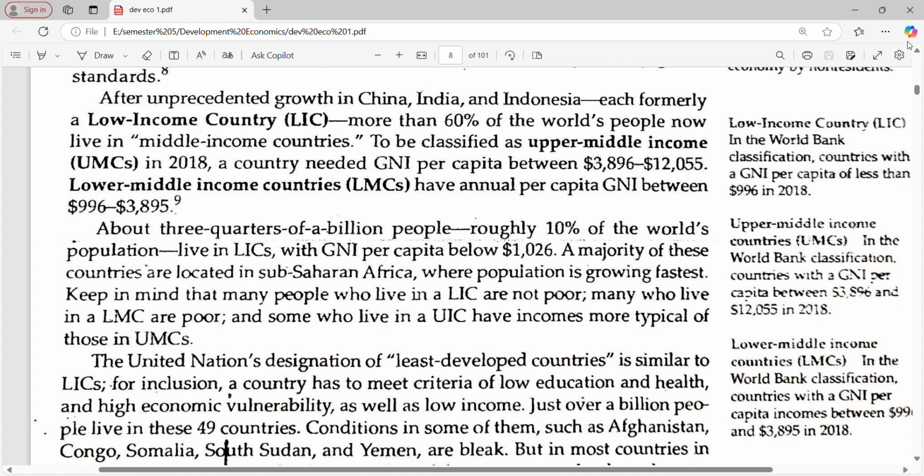So low income countries means their gross national income per capita, GNI per capita, will be less than around $1,000. In specific it is $996 in 2018. Okay, things are calculated in 2018.